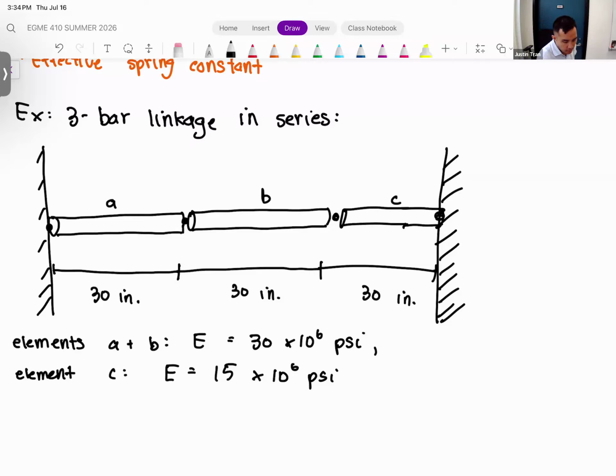We also need their cross-sectional areas. Elements A and B are identical, and so they have the same cross-sectional area of 1 inch squared. Whereas element C's cross-sectional area will be 4 times as great, so it'll have a cross-sectional area of 4 inches squared.